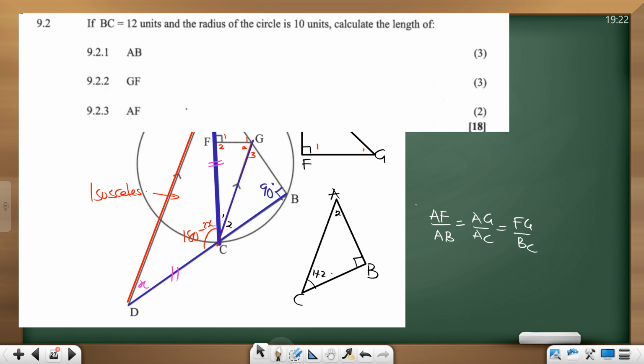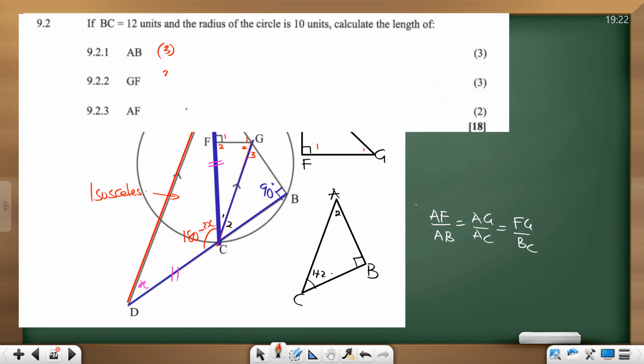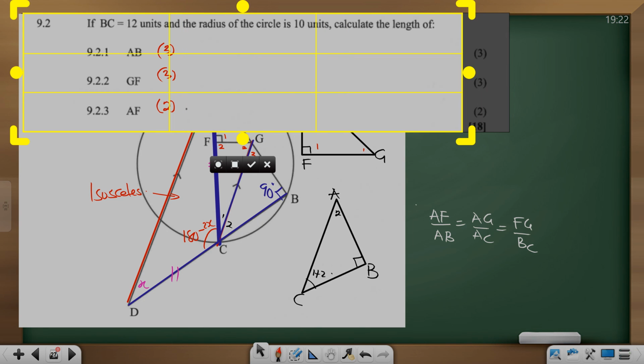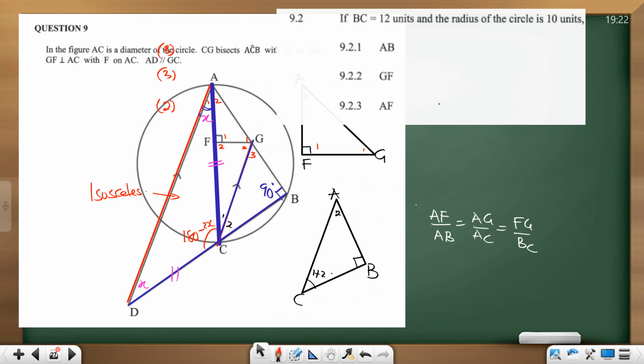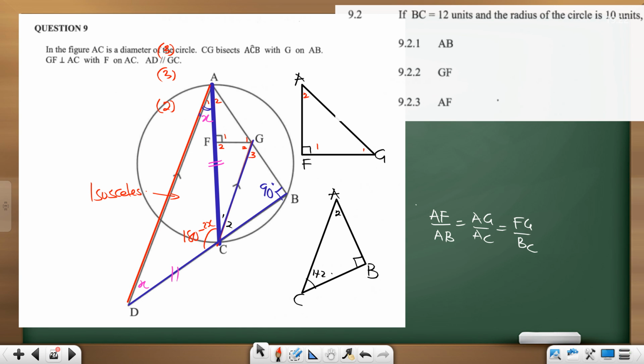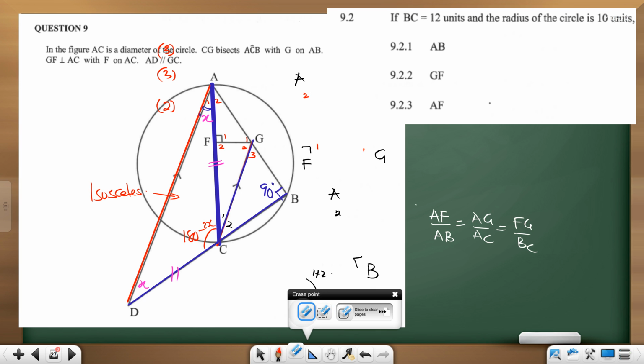Okay, we know it's 3 marks, 3 marks, 2 marks, right? Let's write the mark allocation here. 3 marks, 3 marks. I want to just reduce this and cut. We know it's the length, right? Calculate the length of whatever it is. This is what I want to do to make all these things on one page. Lovely. Beautiful.